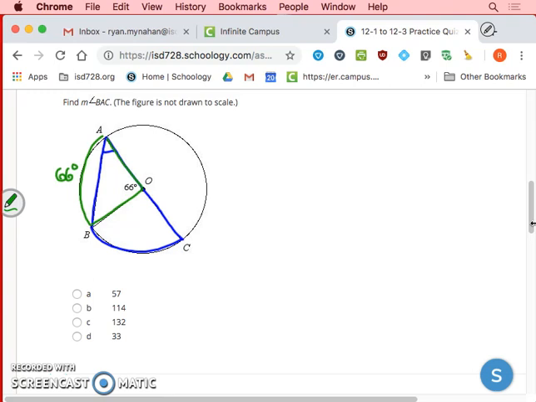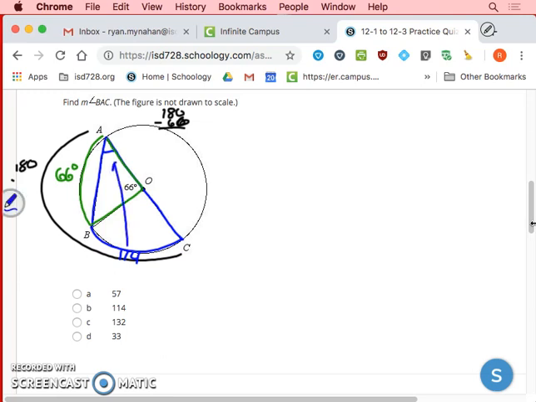I also know that the green arc and the blue arc should add to 180. So these two are a total of 180. So 180 minus 66 will give me what the blue arc is. 180 minus 66 is 114, which is not the answer.